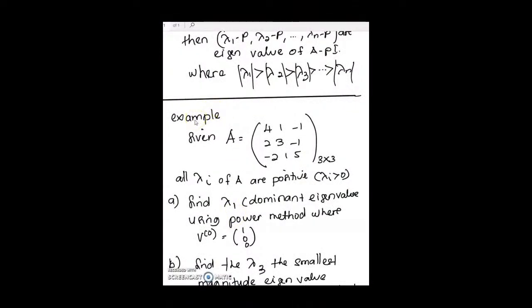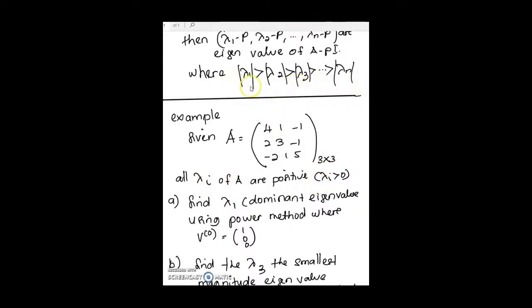Now be careful. We want to find the minimum, the smallest magnitude, eigenvalue. We already get lambda 1 from the dominant eigenvalue using the power method. So we want to find lambda 3.